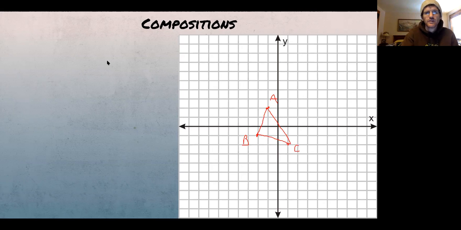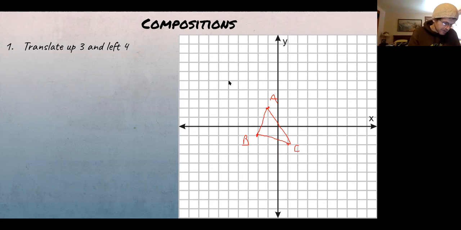Let's see what my composition tells me to do. The first thing is to translate up 3, 1, 2, 3, and left 4, 1, 2, 3, 4. I'm not going to go into all the details on this, but you can follow the mouse as I'm moving it along.